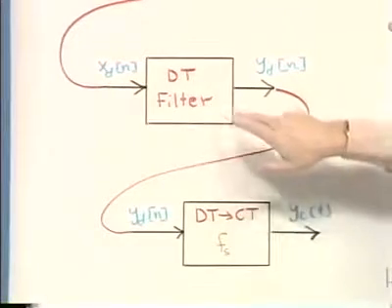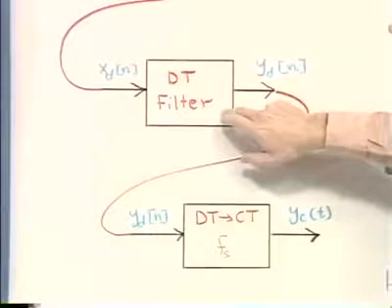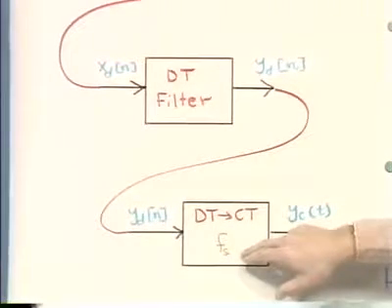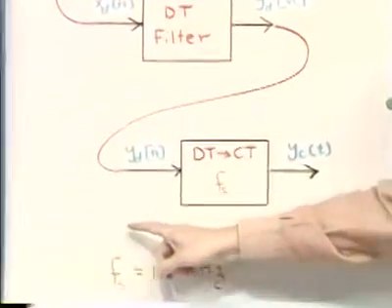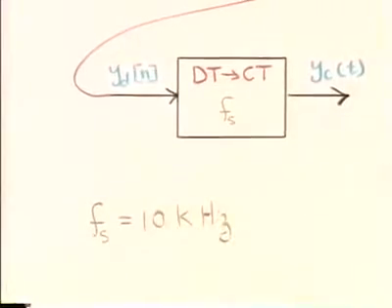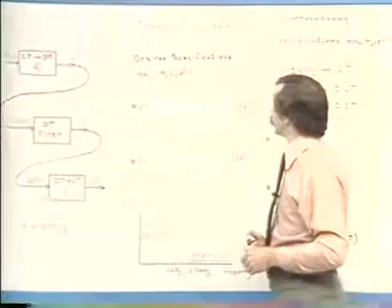But this discrete time filter is the one that we're talking about designing. And for a choice of parameter, there's a sampling frequency, of course, involved in this process. And the value that I'll pick for the sampling frequency is 10 kilohertz. Okay, all fairly straightforward so far.